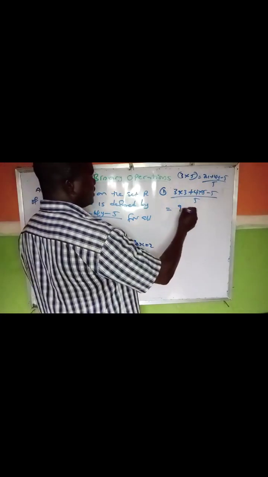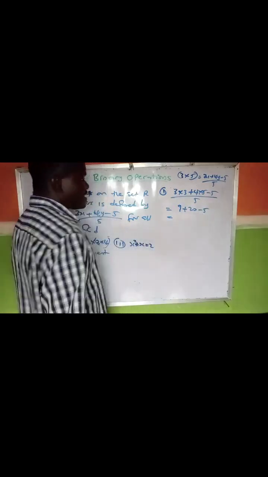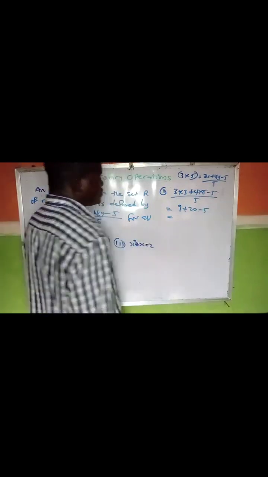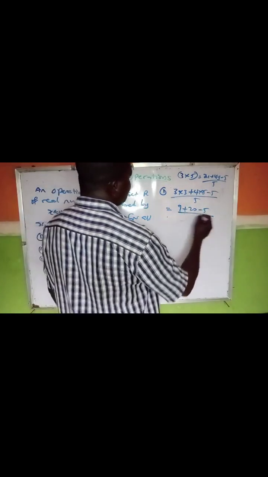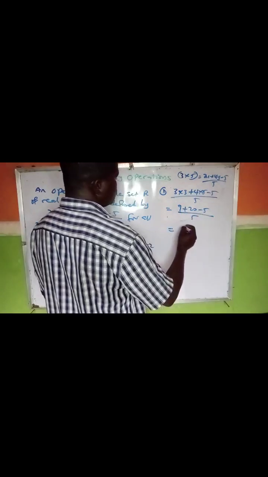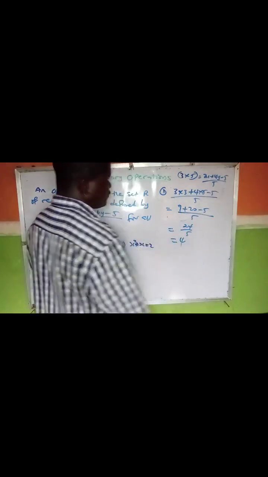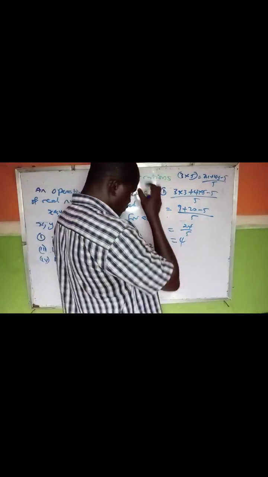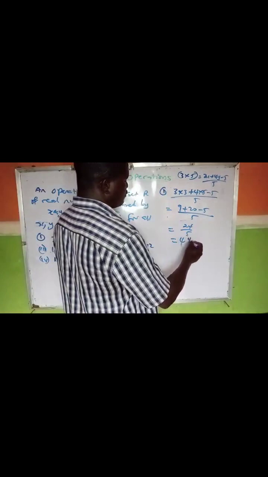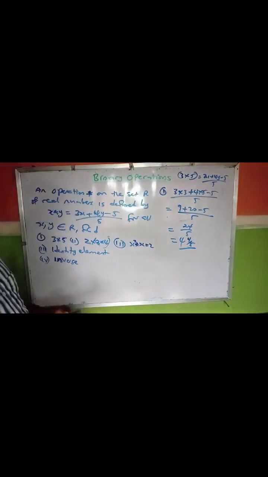Here you will have 9 plus 20 minus 5, so your answer is going to be 24 here, divided by 5. Then your answer is going to be 24 divided by 5, which is equal to 4 whole number and 4 over 5. That's your answer.